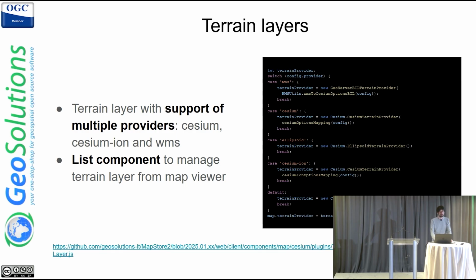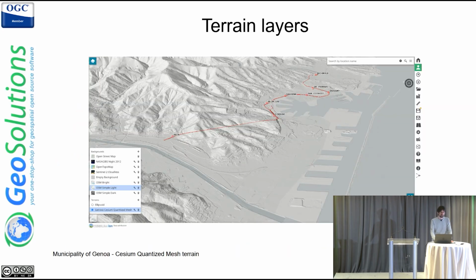At the moment, we have Cesium using quantized mesh, Cesium Ion, and WMS. For WMS, there is a library that supports the data and allows including a WMS layer like a terrain layer. And this is an example of the viewer using the quantized mesh from Cesium, where we are currently implementing the management of the terrain through the background selector.